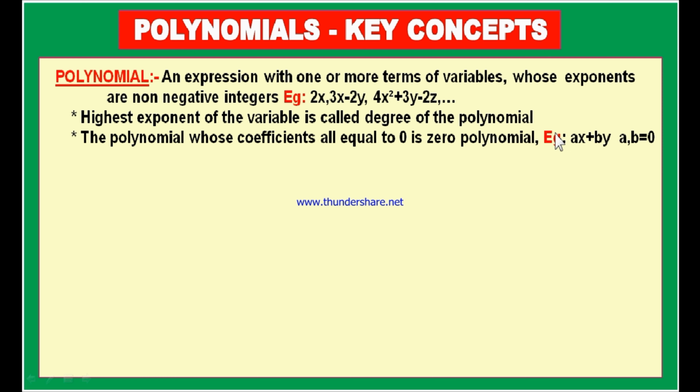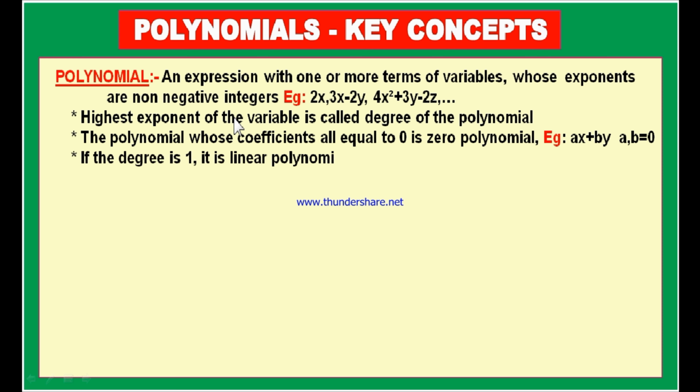Now if a is 0 and b is also 0, that means the coefficients of all the terms are equal to 0, then such a polynomial is called a zero polynomial. Understood?